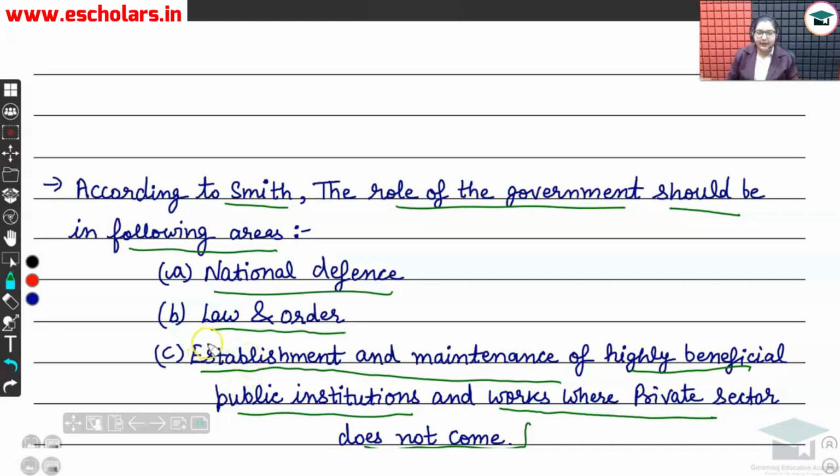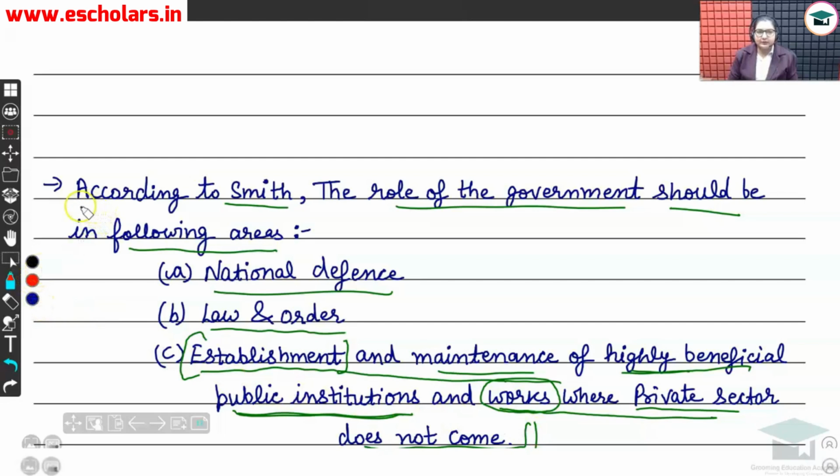So the government should actively participate in the establishment, that is construction, setup and maintenance, of highly beneficial public institutions, that is those institutions which are owned, controlled and managed by the government, and these institutions basically work for promoting social welfare. And also the government should be an active part of the works or activities where the private sector doesn't come, like providing midday meal schemes to the students of government schools.